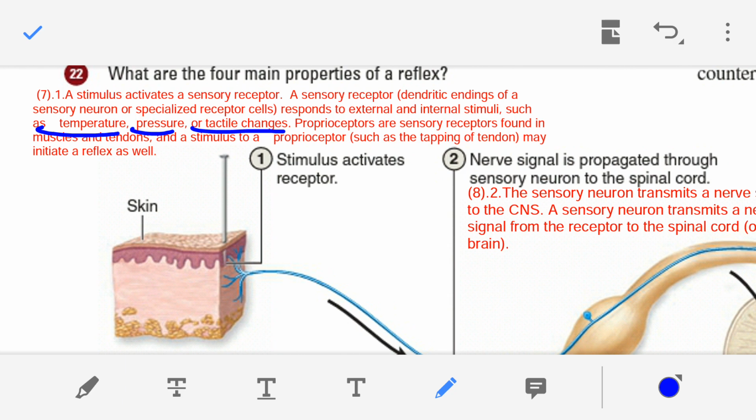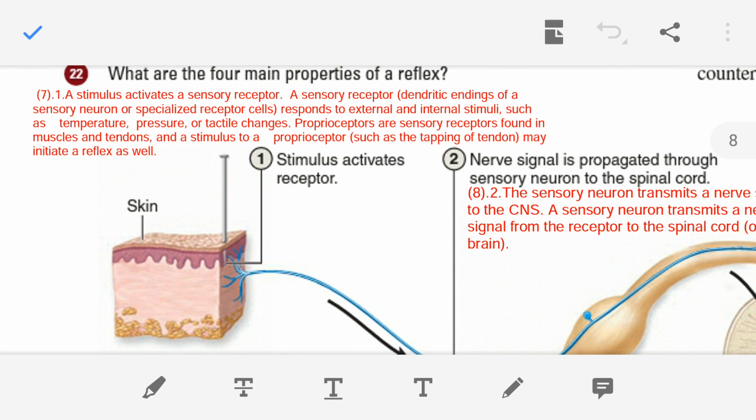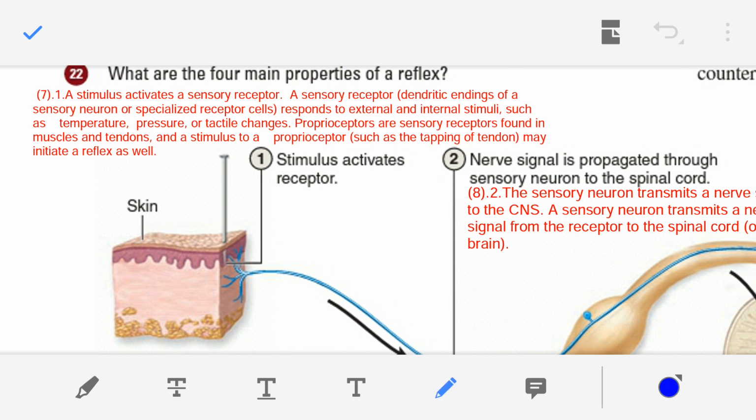That means, let's say someone is touching our body, then there will be a generation of reflex action if someone touches us. Now, proprioceptors are sensory receptors present in our muscles and tendons. When these proprioceptors are stimulated, for example by gentle tapping of a tendon, that will initiate a reflex as well.